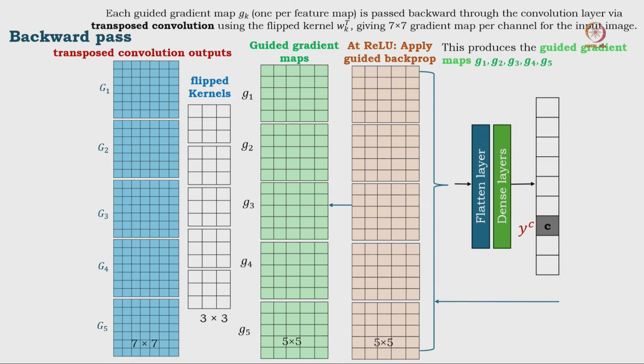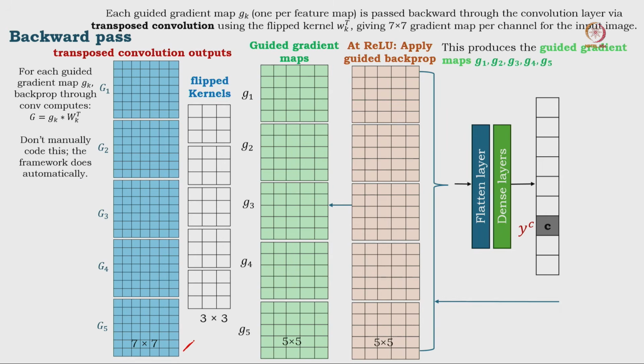What we have obtained here is a transposed convolution output. What operation did we do? We took G and multiplied it with the flipped kernel. We need not manually code this during backpropagation; the framework automatically does this.